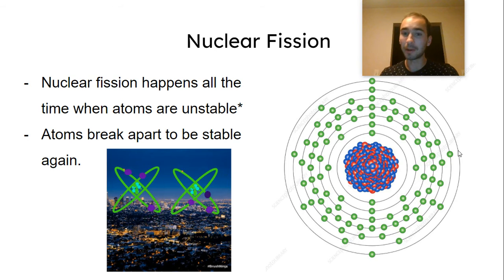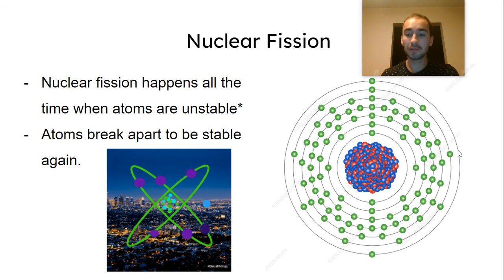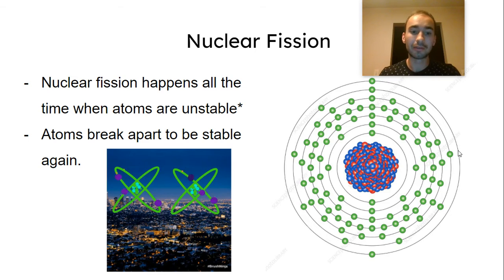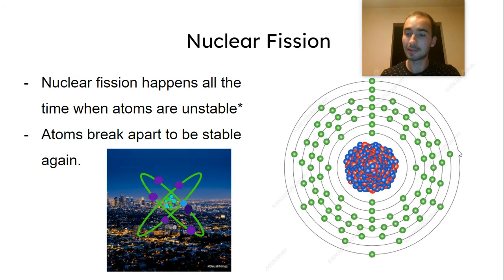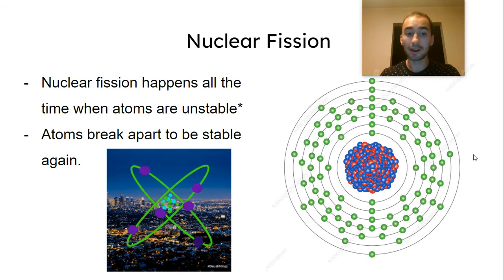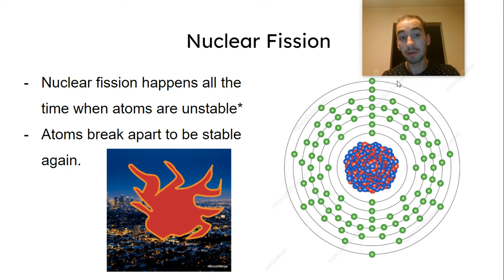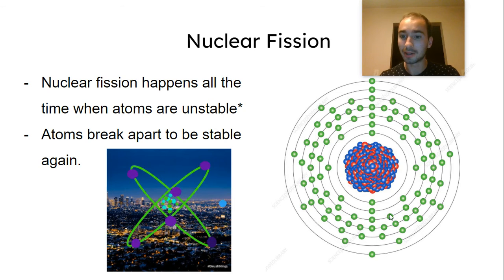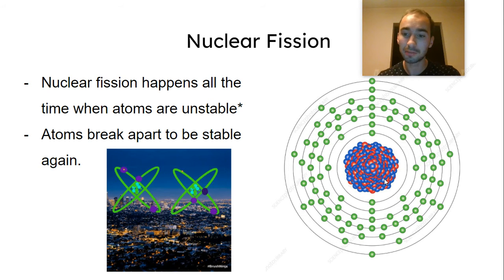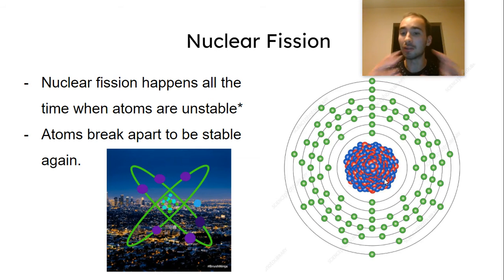Next, here's what I want you to know. Nuclear fission happens all the time. Very common. Fission basically happens when the atom is unstable. It's very common in very large atoms, which you may remember are a bit unstable because since there's so many protons and neutrons, they're so far away, the force holding them together is much weaker.